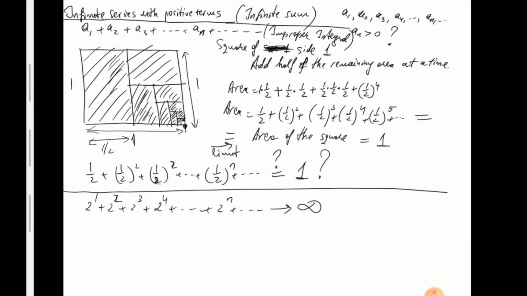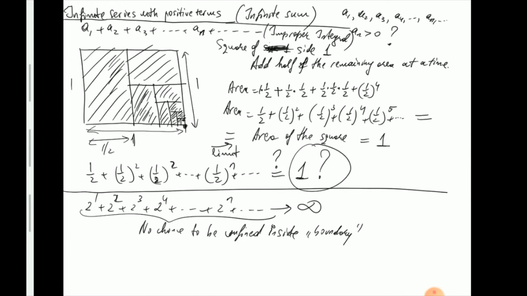You keep on increasing the size of what you add. There's no chance for this infinite sum to be confined inside some sort of boundary, like in my square example. So the main question in this chapter is when such an infinite series approaches a finite number, when it doesn't, and the implication of the answers to these questions. With that in mind, let's stay tuned for the next page for a formal definition of series.